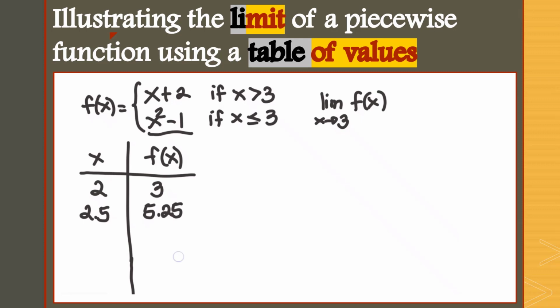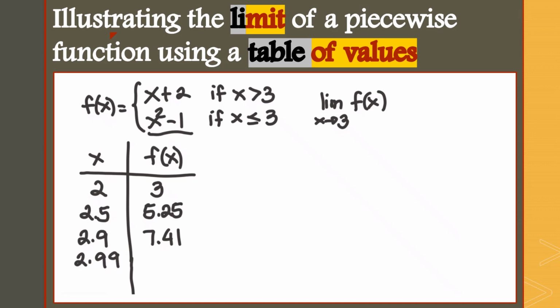Next, let's try 2.9. The square of 2.9 is equal to 8.41, and then minus 1, you will have 7.41. How about 2.99?